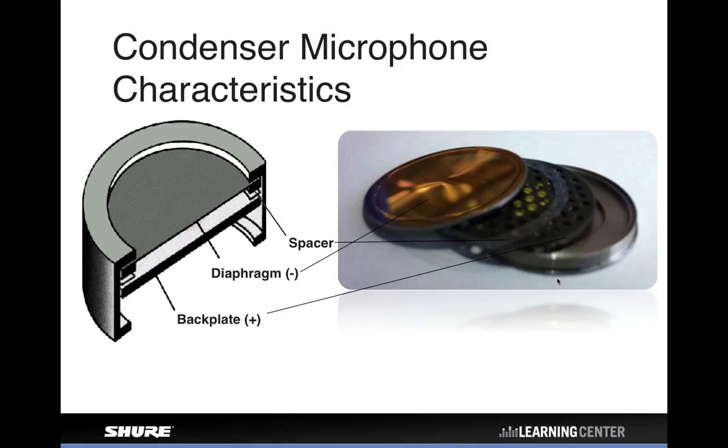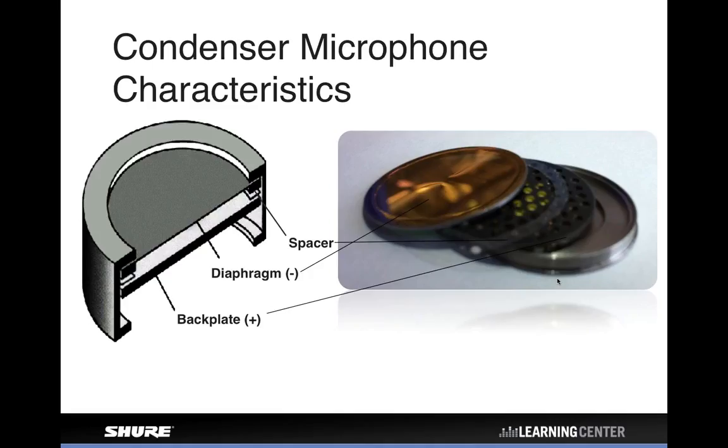Here's a shot of the basic components of a condenser mic. It's also a mylar diaphragm, but normally it's gold sputtered or coated in a conductive material. There's a backplate, which is normally charged either externally or in the factory, which would be called an electret condenser mic versus an externally biased condenser mic.